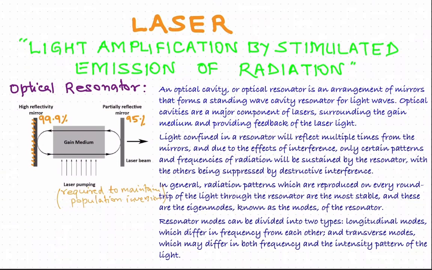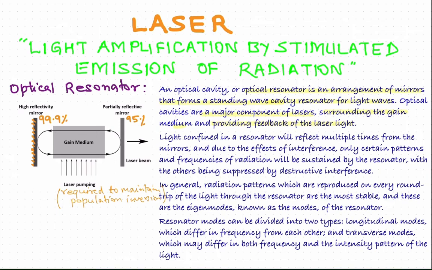Now, the optical resonator. In lasers, an optical cavity or optical resonator is an arrangement of mirrors that forms a standing wave cavity resonator. Optical cavities are a major component of lasers, surrounding the gain medium and providing the feedback of the laser light.